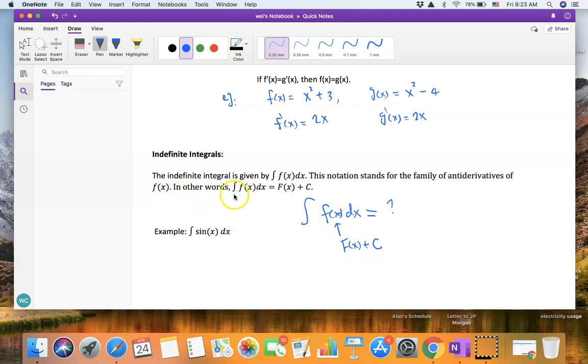So the indefinite integral gives us the family of antiderivatives of this function f(x).